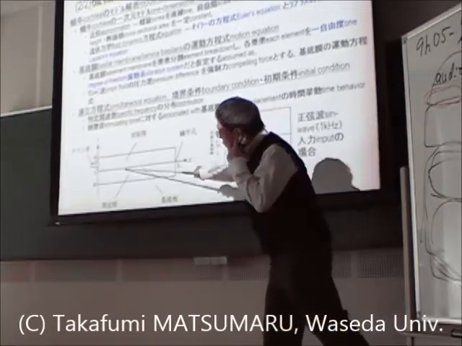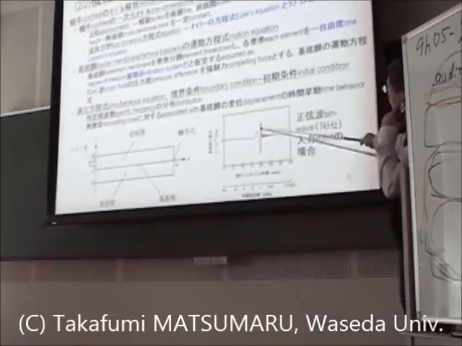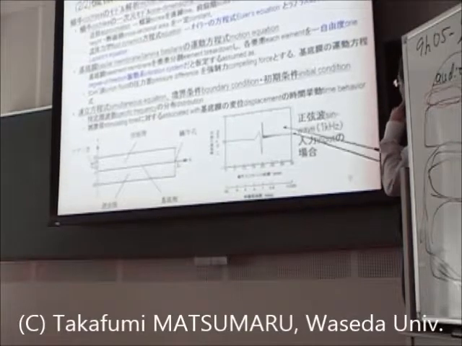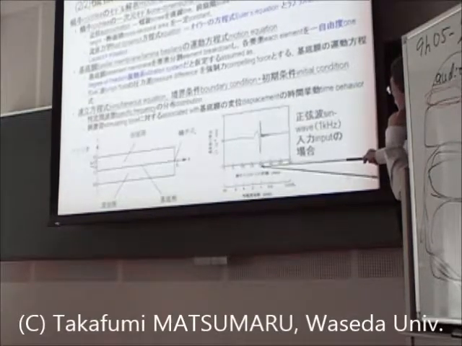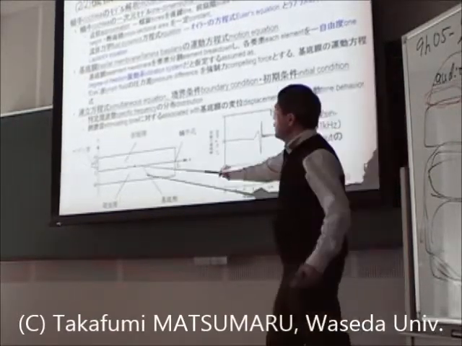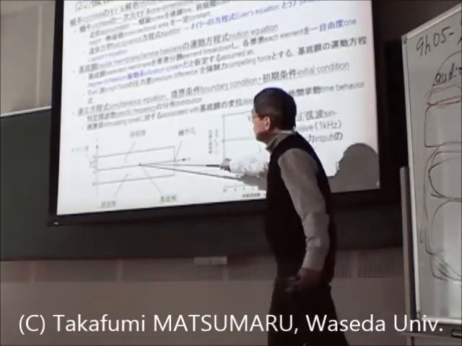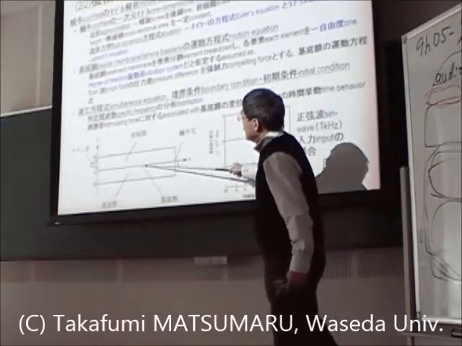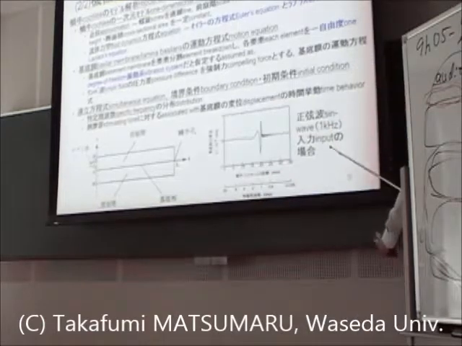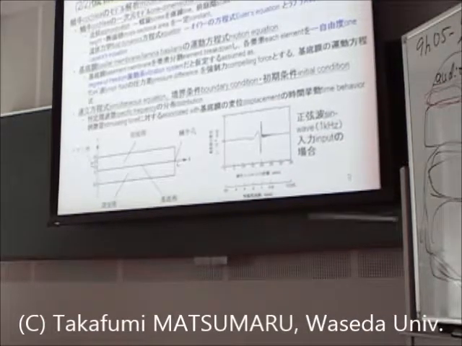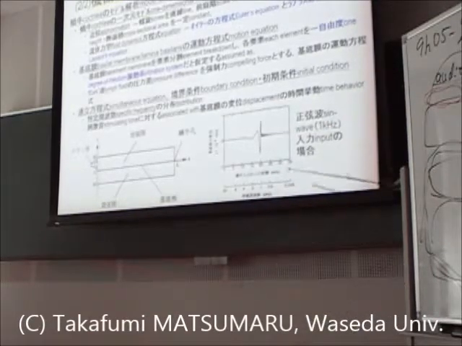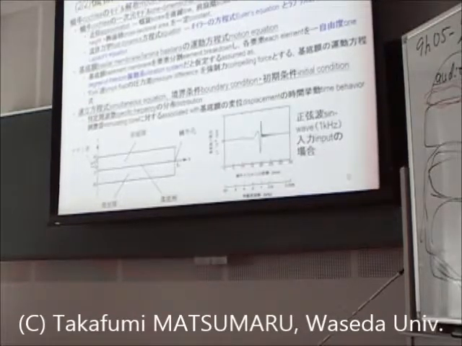Along this tube, which part is most vibrated is simulated. For 1 kilohertz, the part about 20 millimeters from the input port is the most vibrated. It almost matches the actual phenomena.